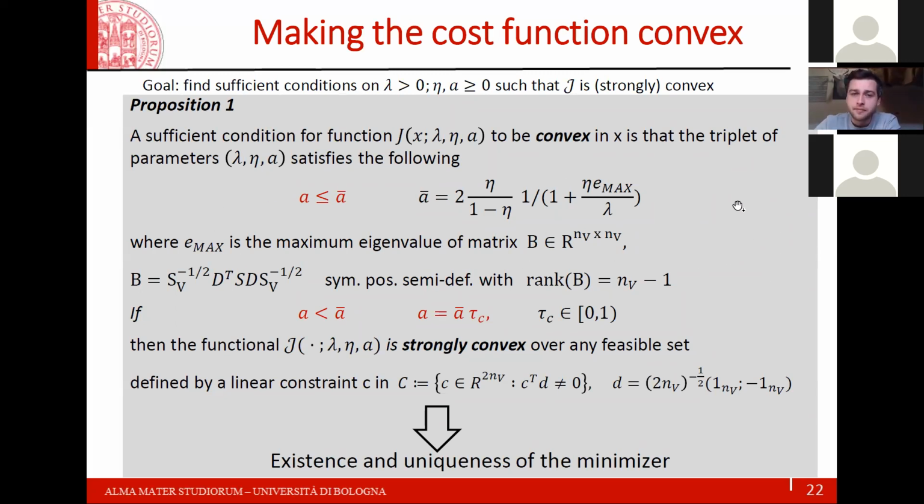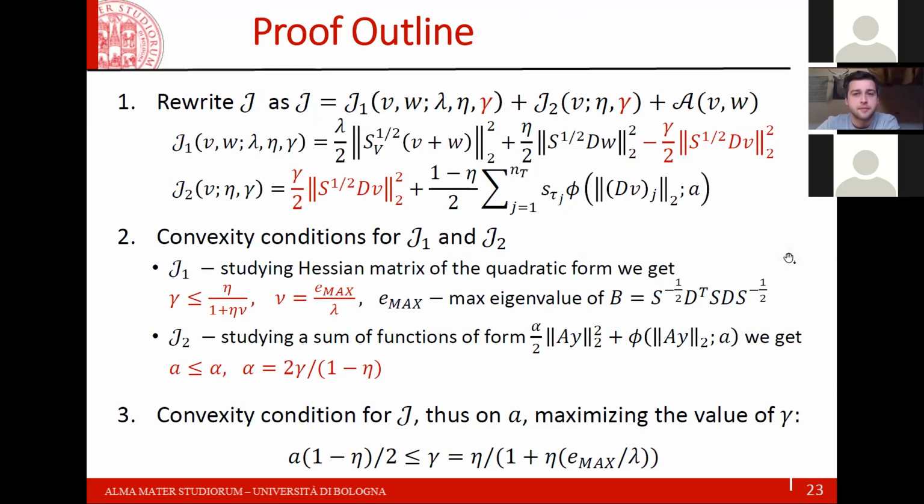For our model, the threshold A bar is slightly more difficult. Nevertheless, it still depends just on the model parameters and a value Emax, which is the maximum eigenvalue of the following matrix B. Just a quick sketch of how we arrived at this condition.